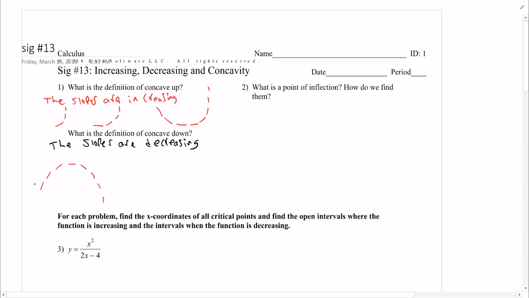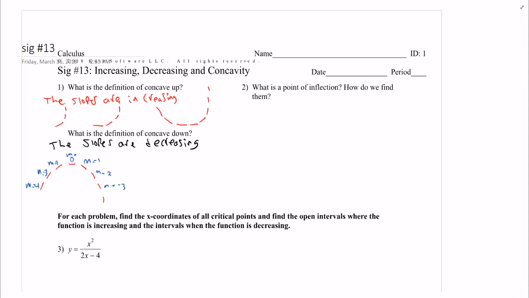So you imagine maybe this slope was like 4, this one was 3, this one's like 1, the slope is 0, right? These are slopes. And then this one was -1, -2, -3. You can see that the slopes are decreasing. They're getting smaller, more negative.